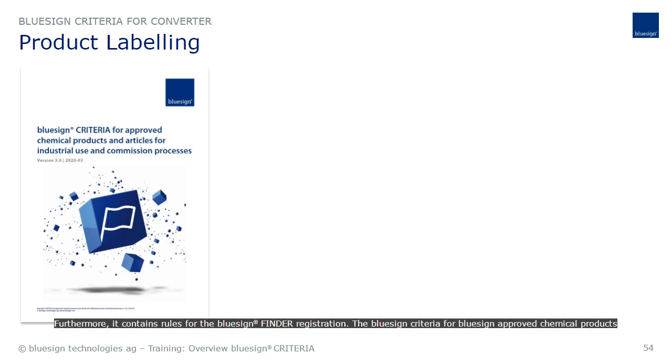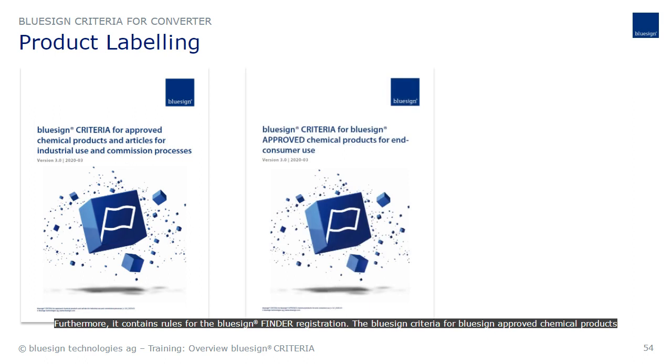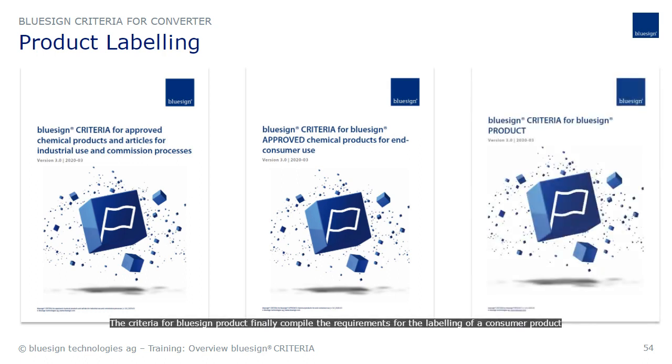Furthermore, it contains rules for the Bluesign Finder registration. The Bluesign criteria for Bluesign approved chemical products for end consumer use describe requirements for chemical products in a B2C context. The criteria for Bluesign product finally compile the requirements for the labeling of a consumer product as Bluesign product in the B2C context.